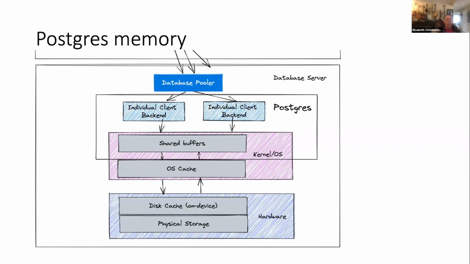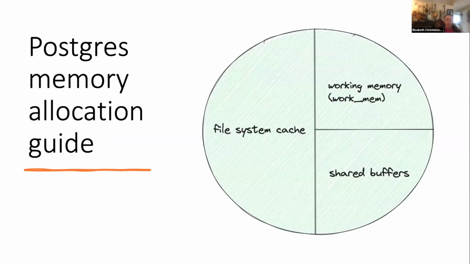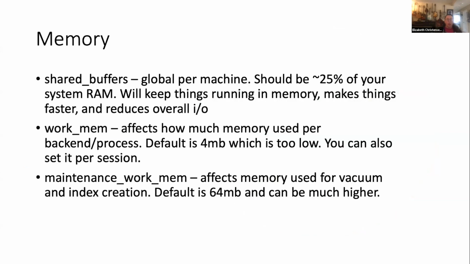So you can reduce your IOPS and make things a lot faster by keeping more data in shared buffers. Typically, this is a rough guide for how to allocate your Postgres memory. You would use about a quarter of whatever memory you've got on your machine for shared buffers, another quarter for working memory, and half of it for your file system cache.